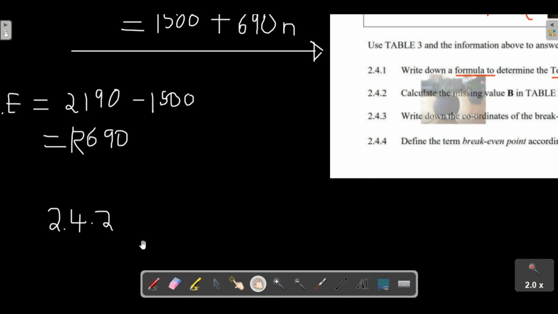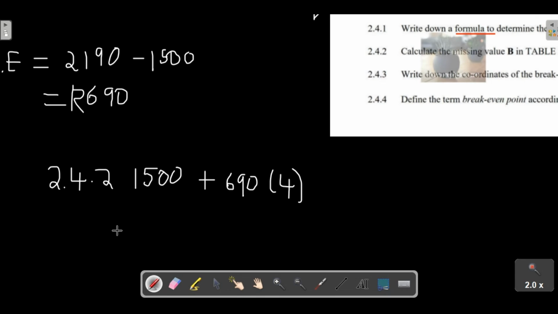So it's going to be 1,500 rands plus 690 times 4. First calculate 690 times 4, and then we add 1,500 to the answer. 690 times 4 is 2,760, and then we add 1,500 to it.